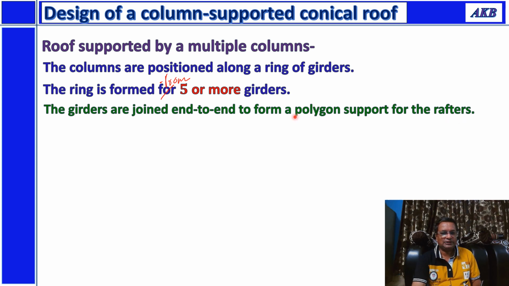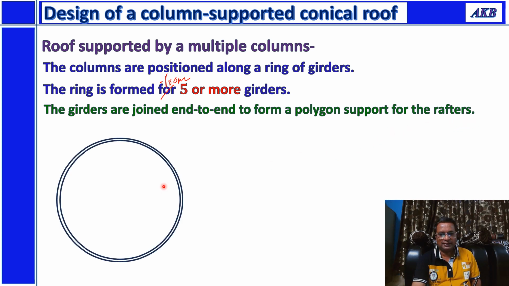So there are two basic important elements involved in this case. You have girders and rafters. Girders will be forming a ring, and this ring will be a regular polygon, and this ring also acts as support for the rafters.